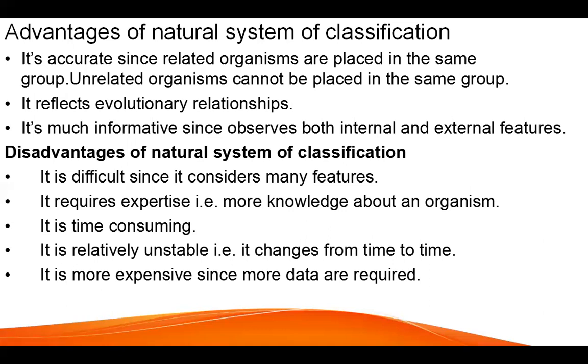The third one is that it's time consuming since you have to go through all the features without leaving any trace of error in order to get a clear and accurate classification of these organisms. The other one is that it is relatively unstable. This means that it changes from time to time.